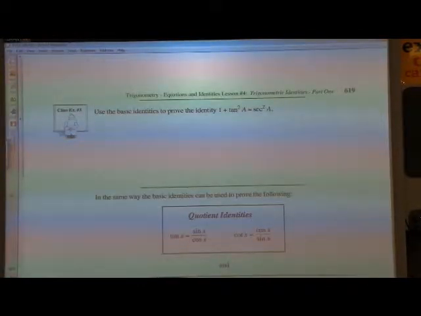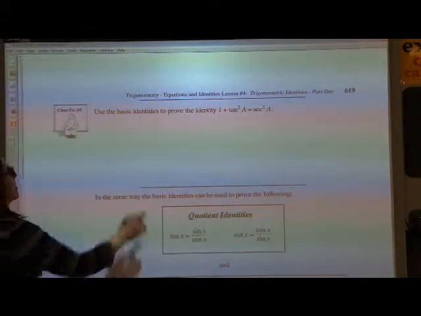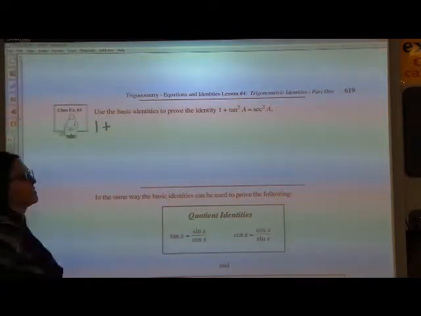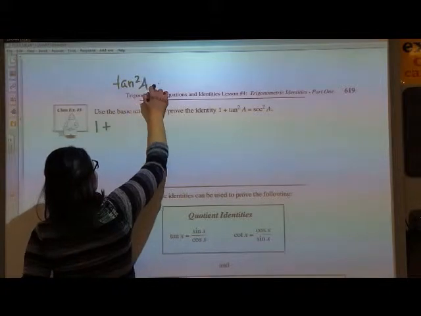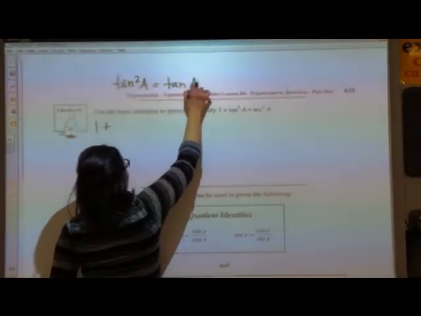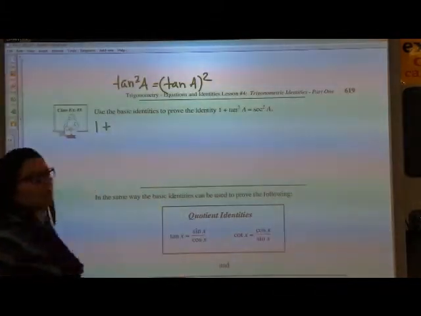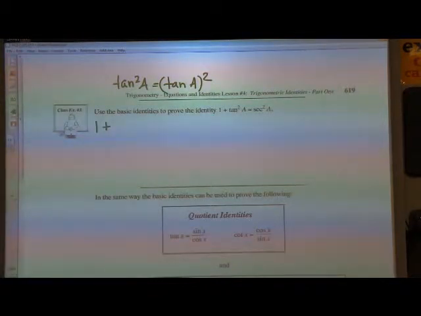So we use the same type of process and we are going to prove that 1 plus tan squared a is equal to secant squared a. So we have our left side and we have our right side. And remember, tan squared a is the same as tan a squared. So if I were to take tan and write it as its basic identity, what would I get?